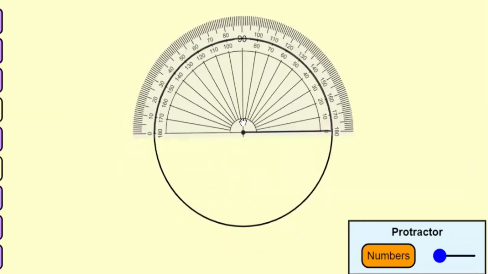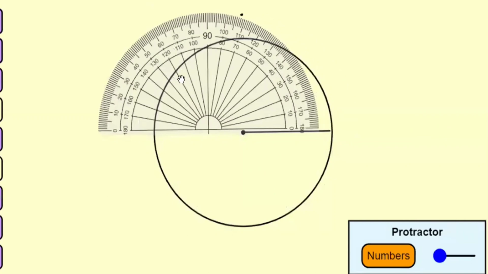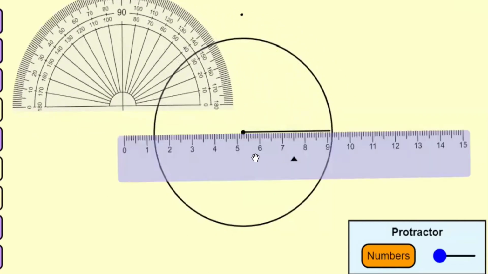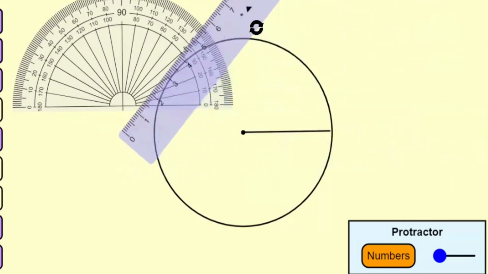As you can see, our 90 lies over here. So this is our 90 degrees. Let us draw the line. Drawing the line is very time consuming.